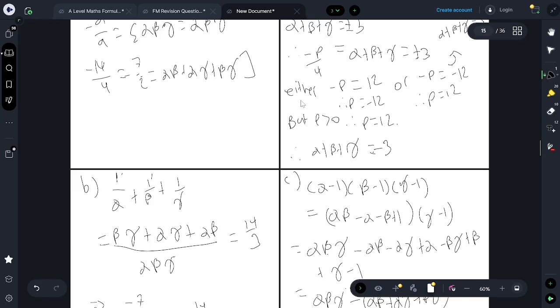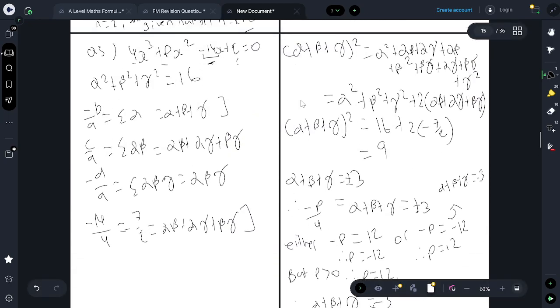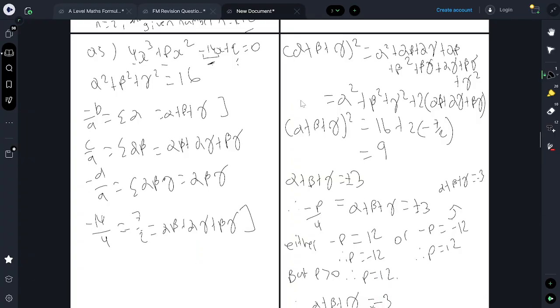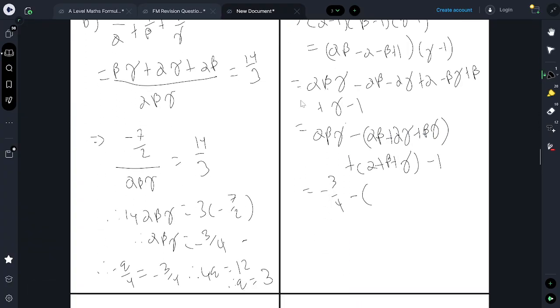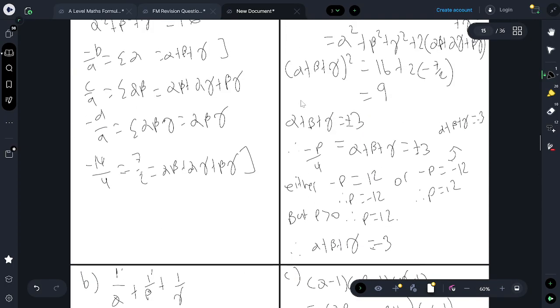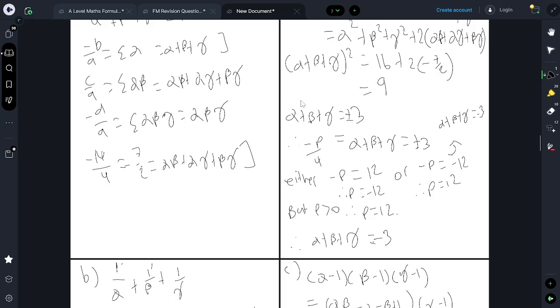Did we work that out? Yes, the pairwise sum here is minus 7 over 2. And the sum is minus 3, right? Alpha plus beta plus gamma has to be minus 3.